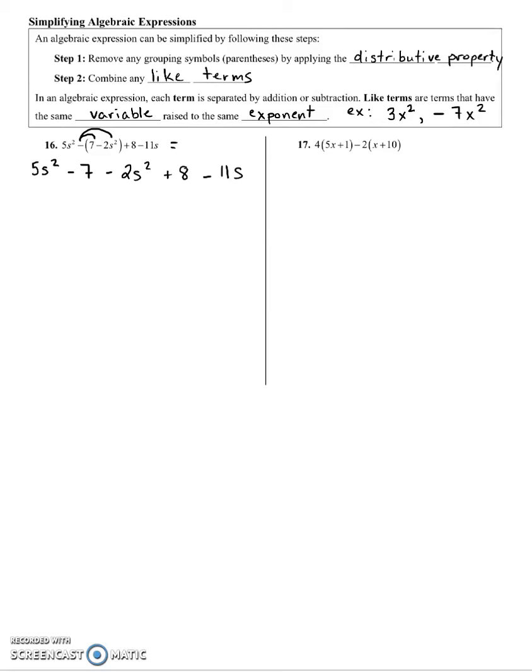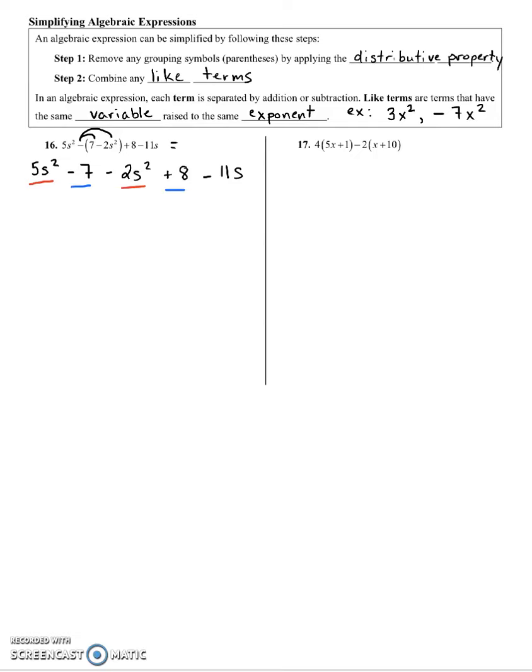So what like terms do we have here? Well, we have 2 s squared terms, so those are like terms. And we have two constant terms, the -7 and the 8, that are also like terms. And that 11s doesn't have any like term.